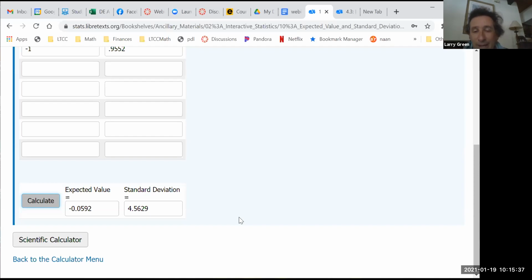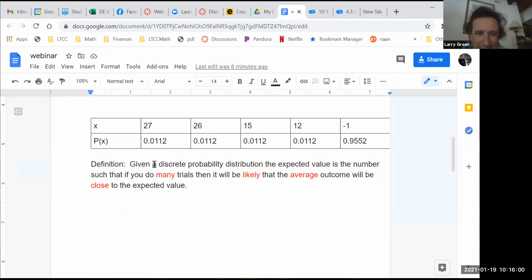Is this a game you want to play a lot? Yeah, why not? Because the casino has a 95% chance of winning. That's not true either. No, no, that's not a probability. It's a value, not a probability. Let's go back to the definition.